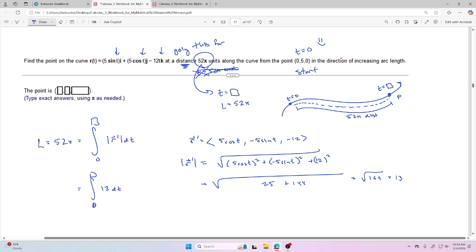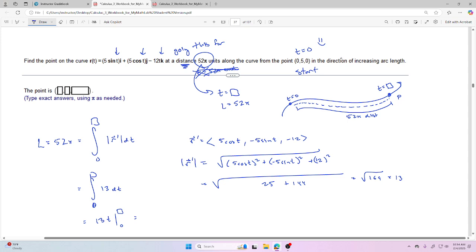And what's the integral of 13? 13t. From 0 to box. I'm using box because, I mean, it could be anything. You can use x or whatever you want, but you can't use t because you already have a t, right? So if you want to do like t naught or something, that's fine. That would be more appropriate.